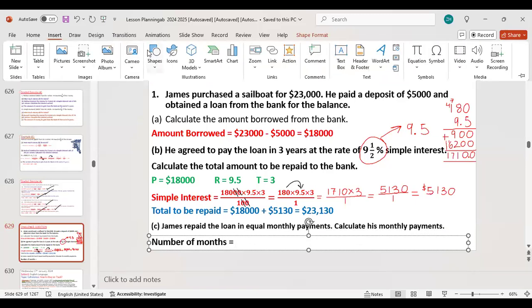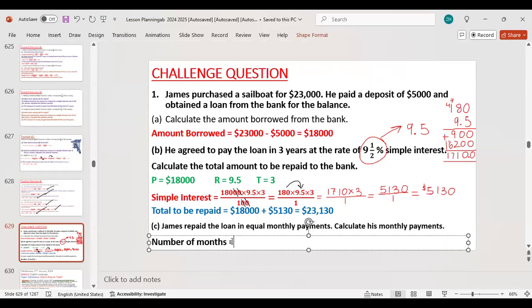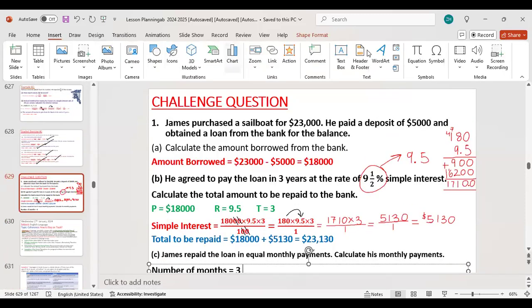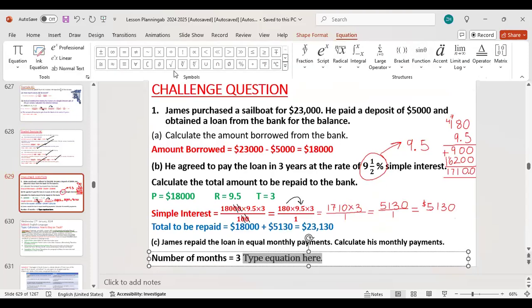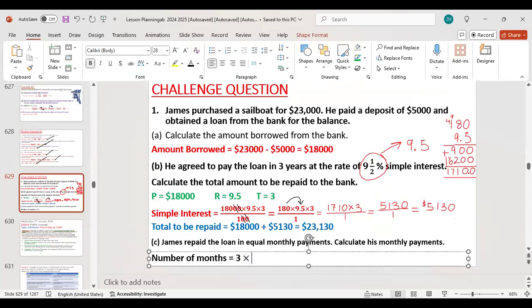How many weeks does each year have? 52. Very good. How many days does each year have? 365 or 366. In the exam, we use 365. How many hours in a day? 24.